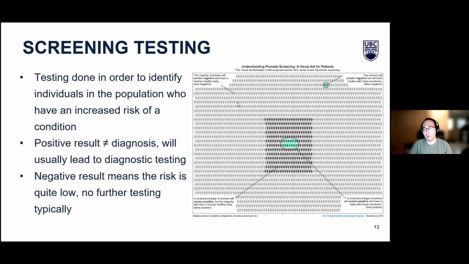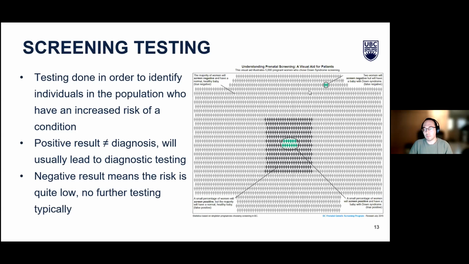So that would be called a true negative. And the majority of people will screen negative, as the majority of people do not have Down syndrome. However, there is a small minority, as you can see by these two green figures here, in which they will screen negative, but they will in fact actually have the condition.